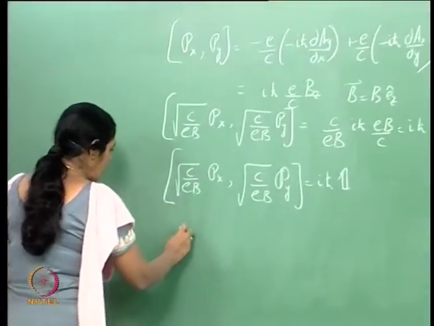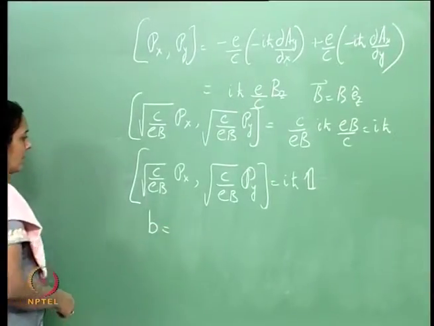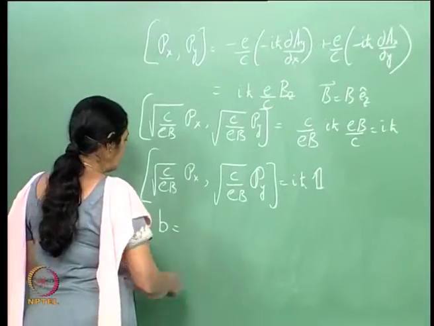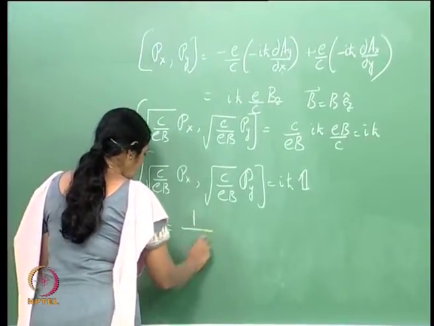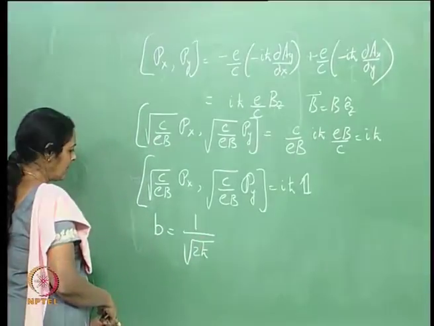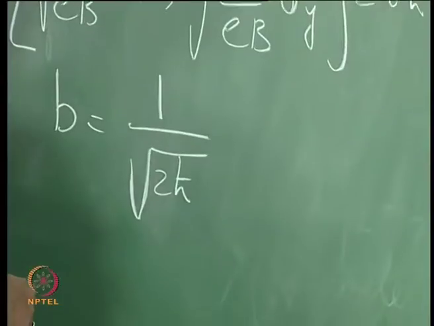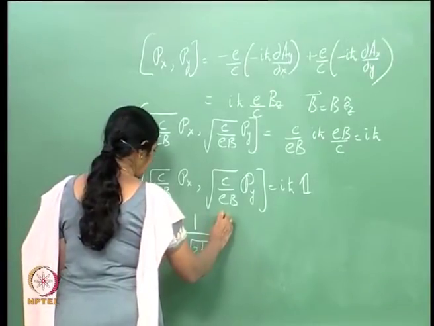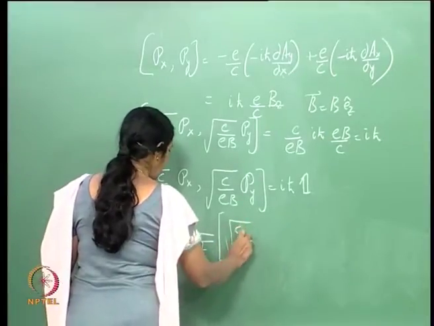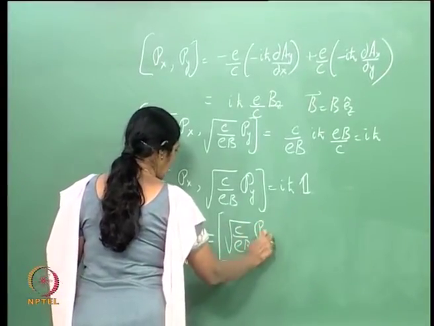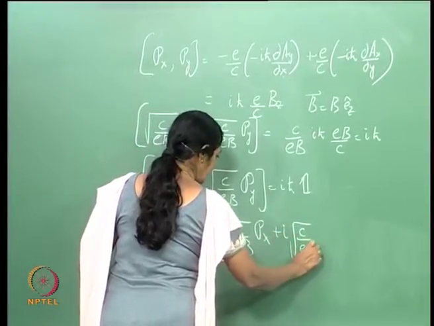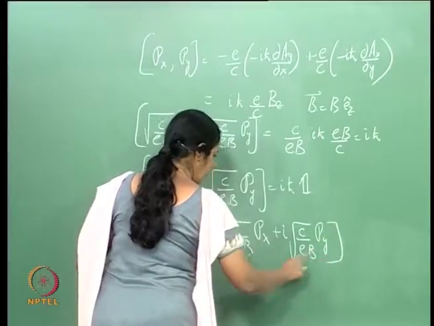So, I go about it this way, as in the case of the linear harmonic oscillator. I define a b which is 1 by root of 2ħ times root of c/eB Px plus i root of c/eB Py.